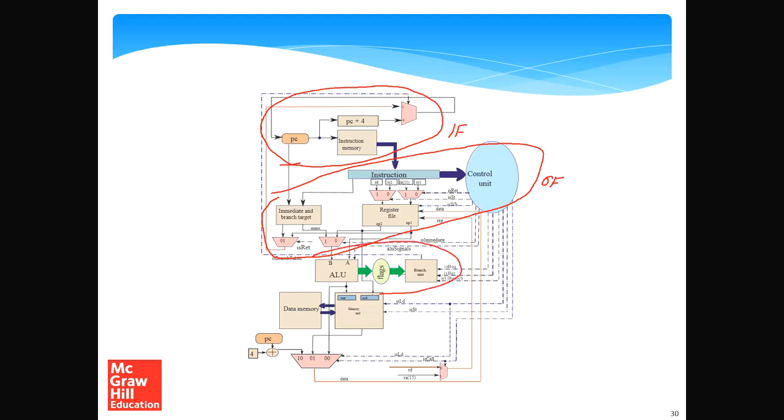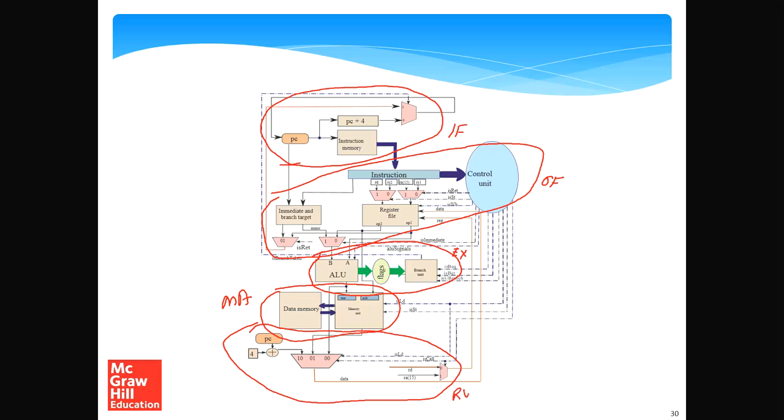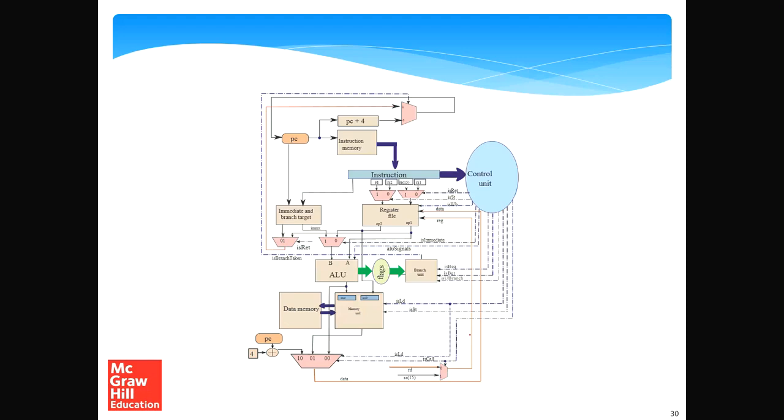Then this part is the EX stage. And this part is the memory access stage, the MA stage. And finally, this part over here, which sends all of its data back to the register file, is the RW stage. We have discussed all of this, but this is just showing you the entire process. Let me remove all my annotations, and go back to this beautiful design.